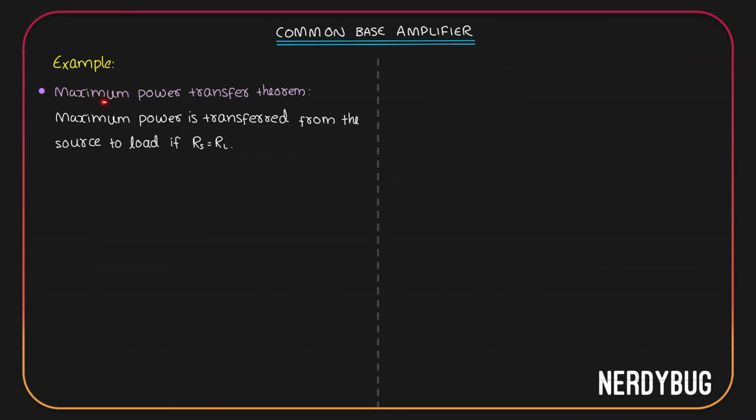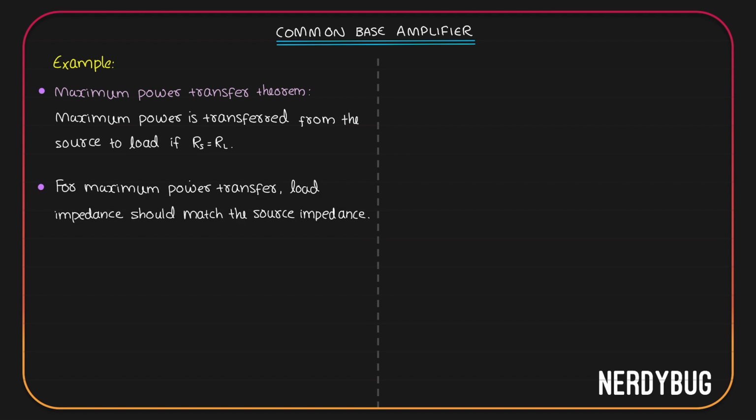We know that according to the maximum power transfer theorem, maximum power is transferred from the source to the load if the resistance of the source is equal to the resistance of the load. So when it comes to a circuit like ours, we can say for maximum power transfer, load impedance should match the source impedance. This is called impedance matching. As an example, assume we have a transmission line through which the input signal is being transmitted.